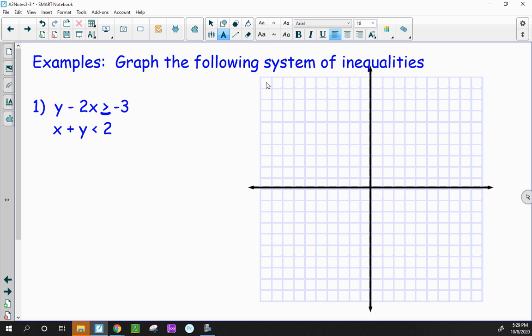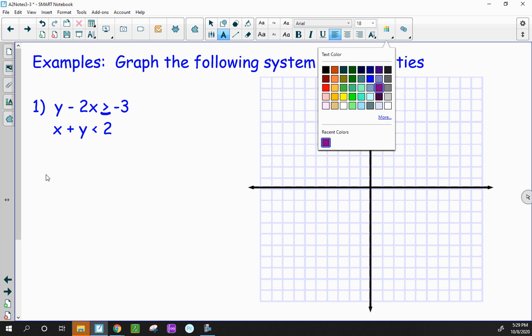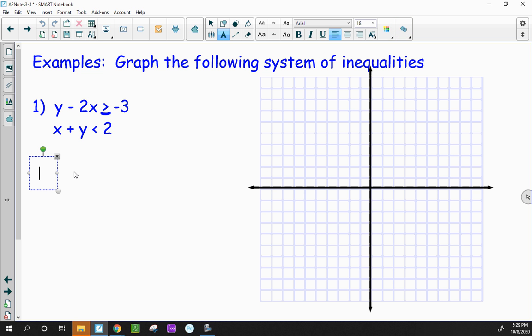Example 1. Graph the following system of inequalities. Y minus 2x is greater than or equal to negative 3, and x plus y is less than 2. For the first problem, we're going to solve for y. I notice there's two variables, so we're going to put it in slope-intercept form.